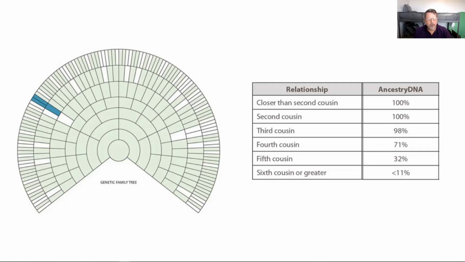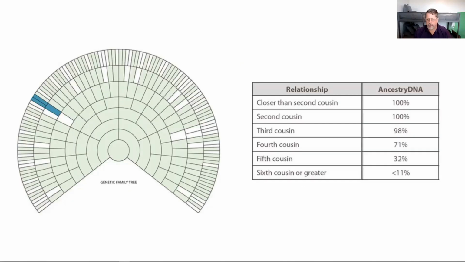So for example, the folks in green here, you would be getting ethnicity estimate information from them, but the folks in white or the ones in blue here, you're getting nothing, right? So you could have, you know, a Native American line in one or many of those white lines and yet show up as 0% Native American. But you could be 20% Native American, 5% Native American, never know it because it's not catching it.